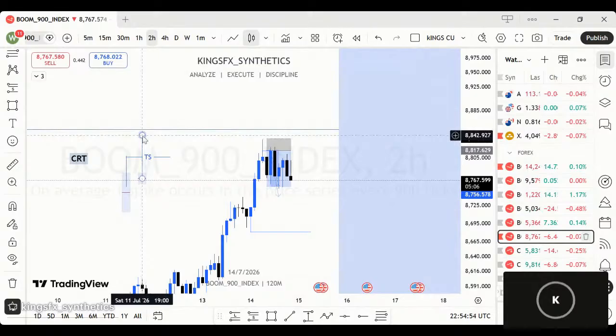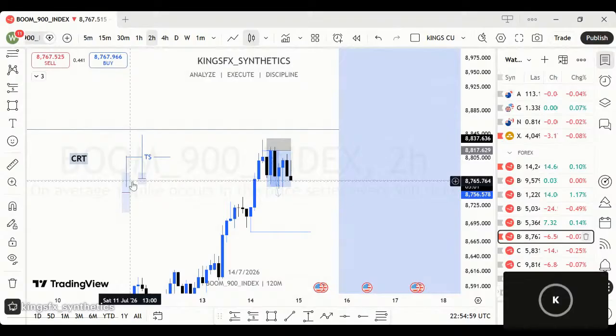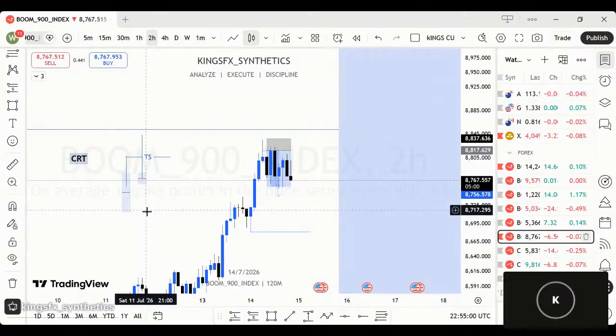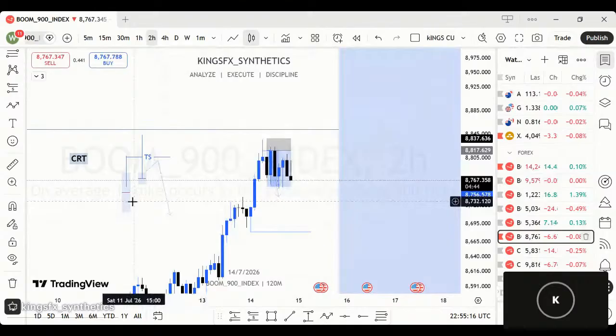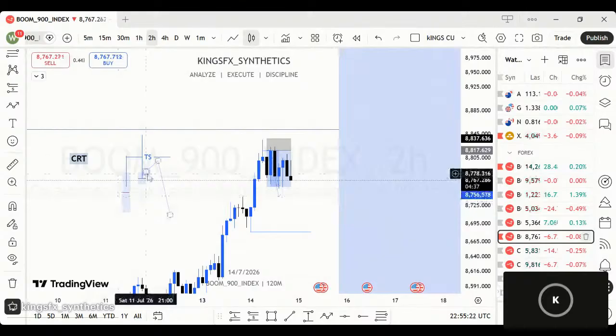The wick went all the way above and price closed within the body of this candle. The next thing we will see price doing is coming back to take out the low of this candle. Because once price takes out the high, it would definitely reverse back to the low.